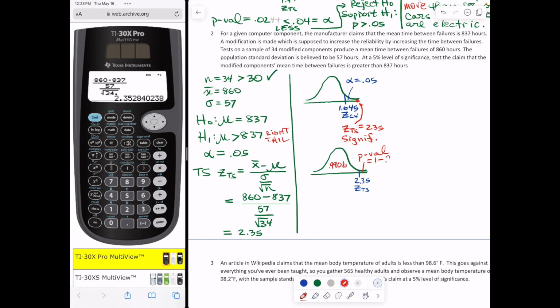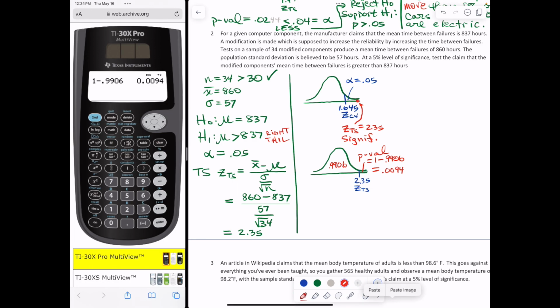P-value is the complement of that in the right. So let's see here. 1 minus 0.9906, 0.0094. There. So then, of course, that's well under 5%.